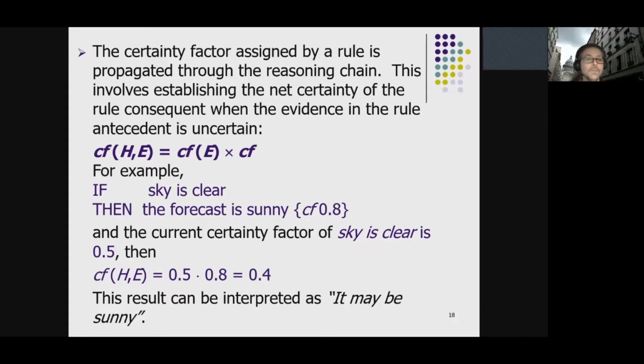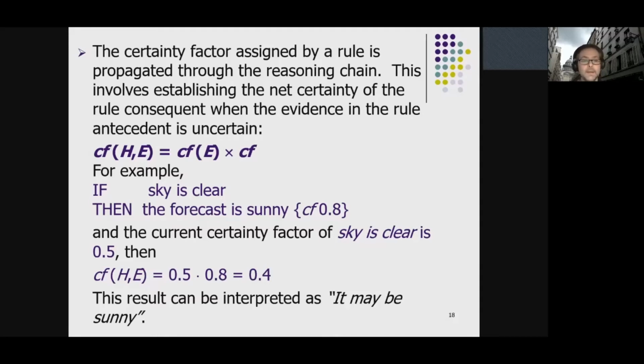Okay, so if sky is clear, then the forecast is sunny with certainty 0.8. Let's assume that's the rule that we have. And the current certainty factor of sky is clear. We have some evidence that the sky is clear, and the evidence is associated with some certainty degree, and the degree is 0.5 in this case. Then to calculate the output of this rule, we need to do this simple calculation.